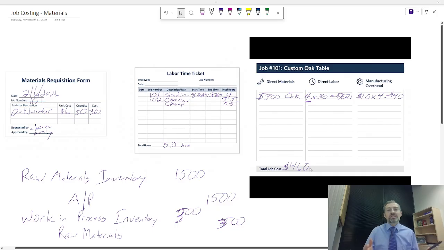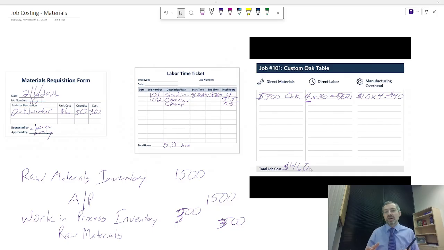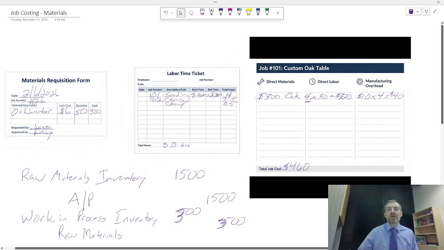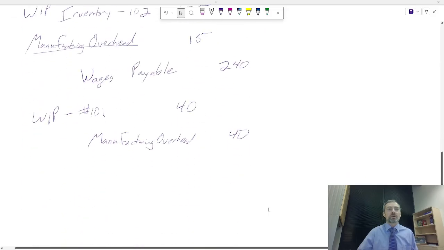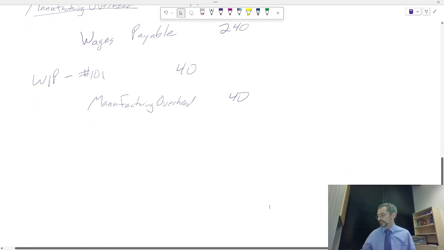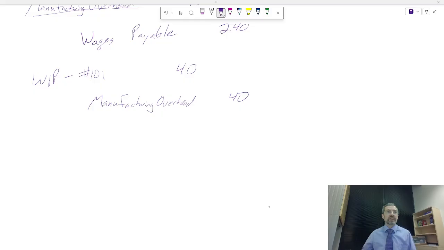So all we have to do is move that $460 from work in process over to finished goods. So we have one more journal entry here. And that is going to be moving it out of work in process. And I usually just like putting job 101 here. We had $460 in there, and we are going to put it in finished goods.